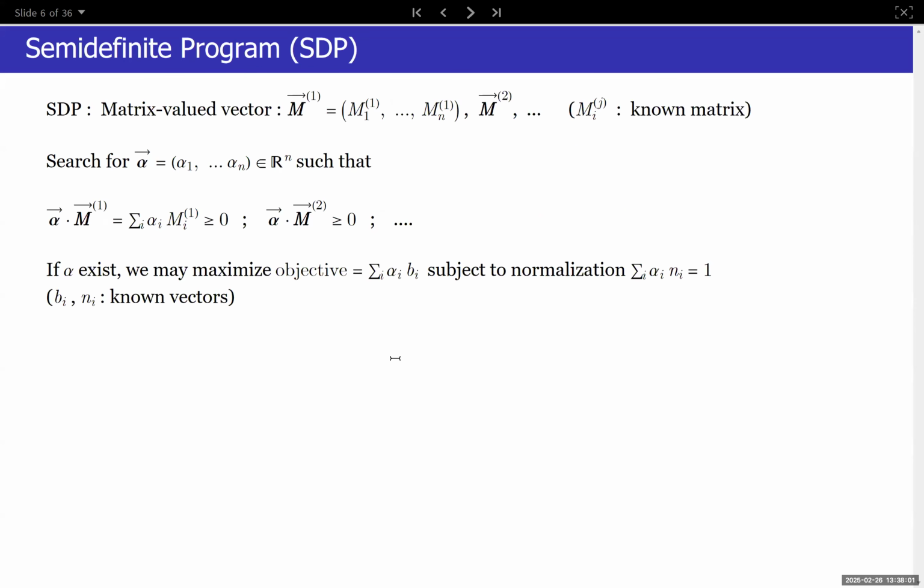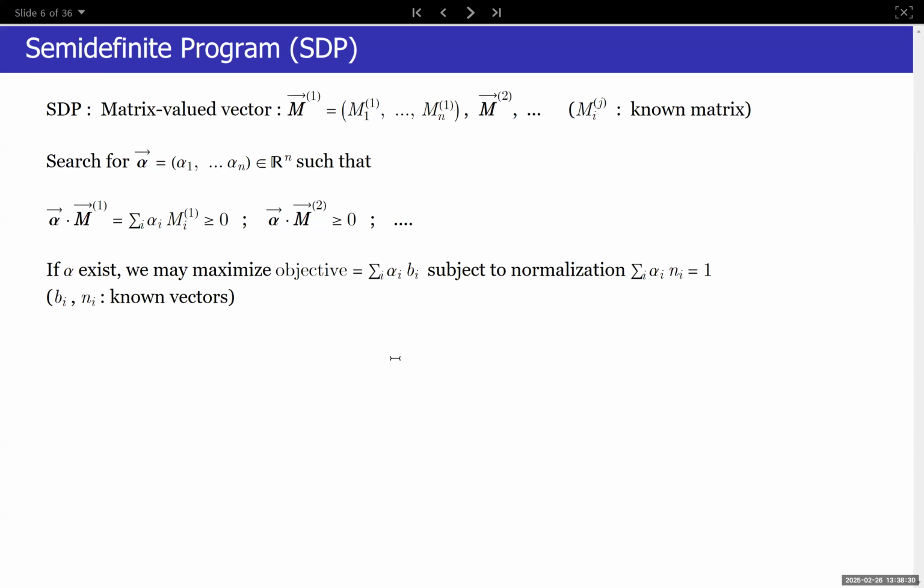So let me quickly review what a semi-definite program is. A semi-definite program is the following numerical problem. We have several matrix valued vectors. It's an n-component vector, but each entry of the vector is an n by n symmetric matrix.